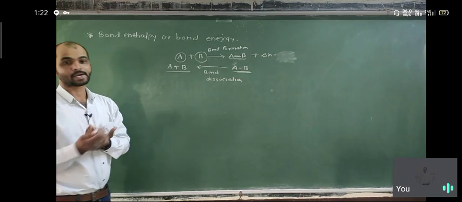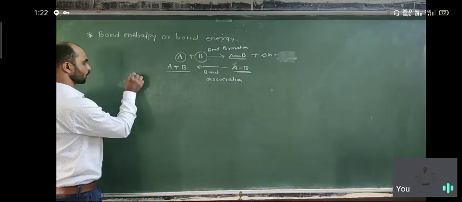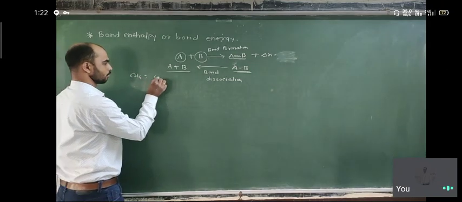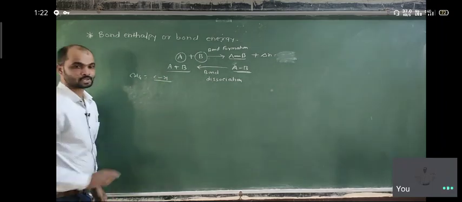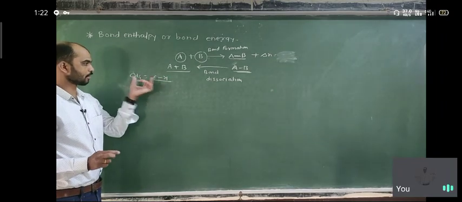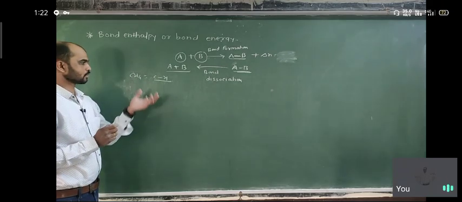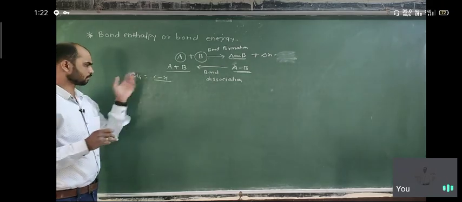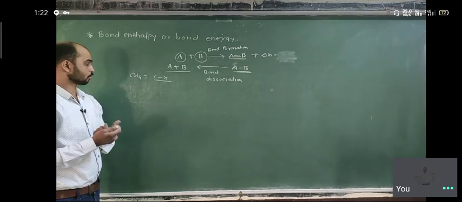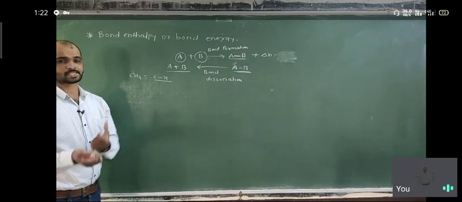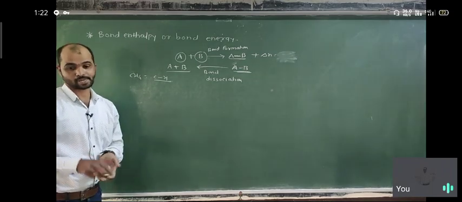But in polyatomic molecules like CH4, four C-H bonds are present, and every C-H bond can have a different energy. Once one bond is lost, something happens to the nuclei, so the force of attraction increases or decreases, and the bond energies vary.